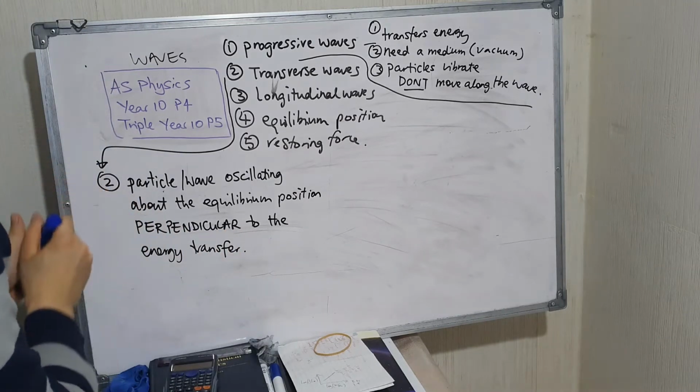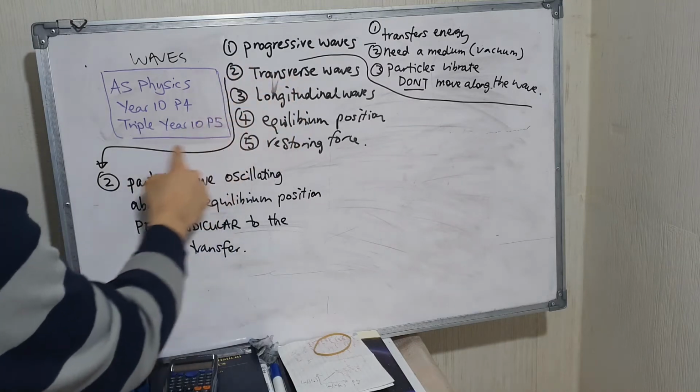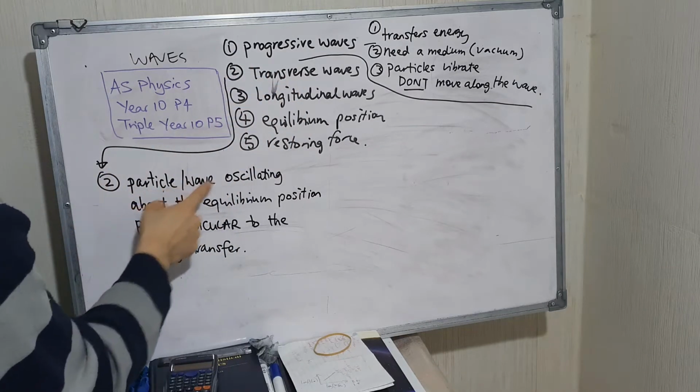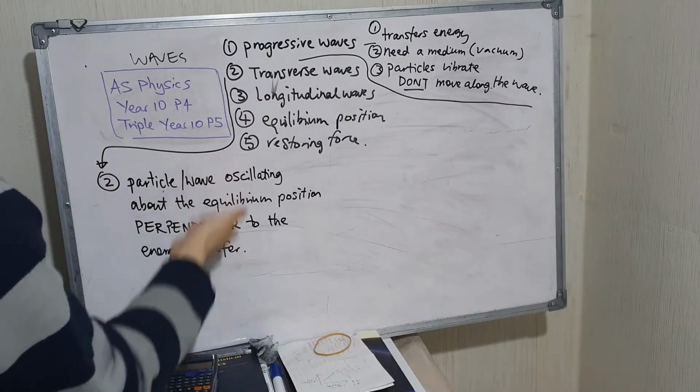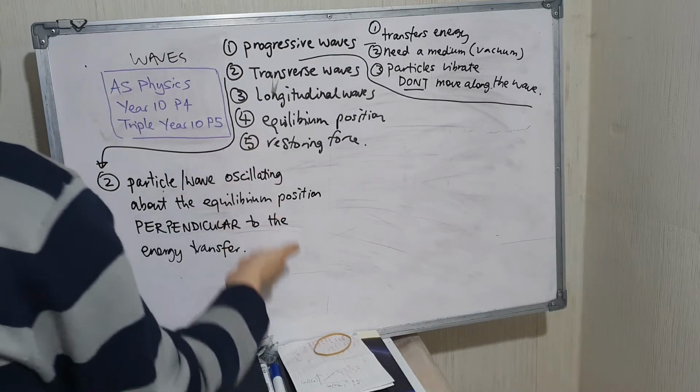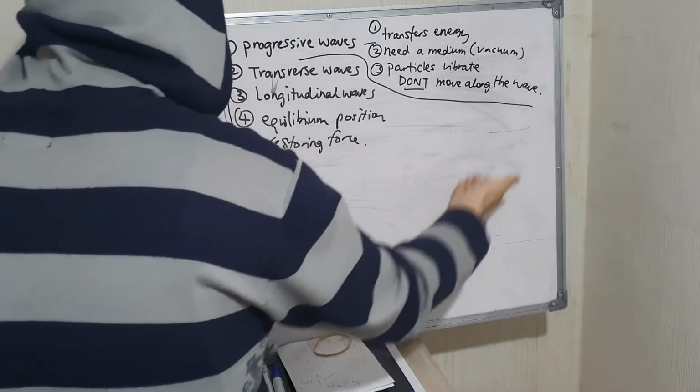Okay, so transverse wave is where the particle or wave is oscillating about the equilibrium position perpendicular to the energy transfer.